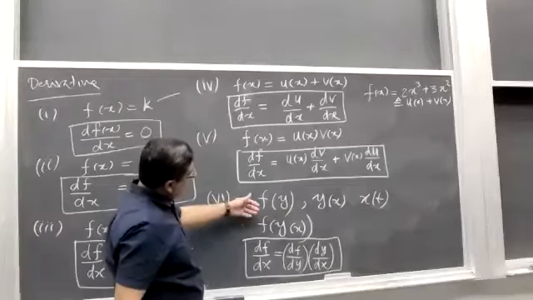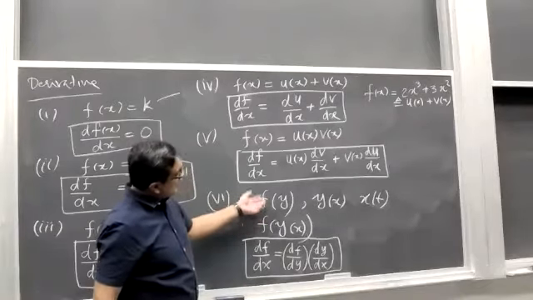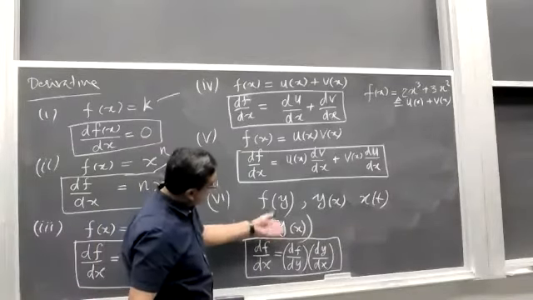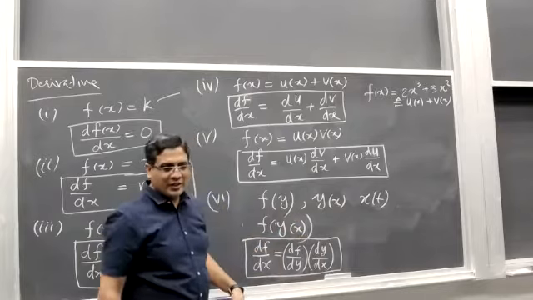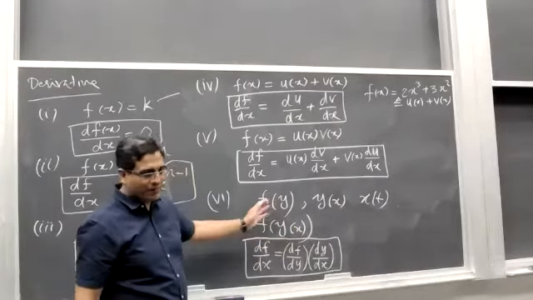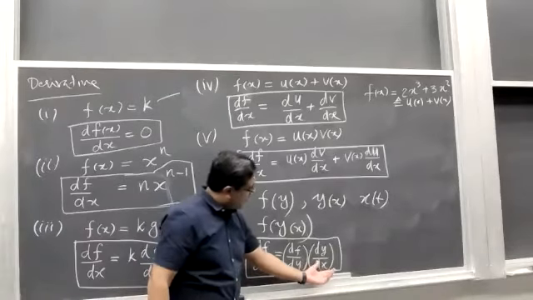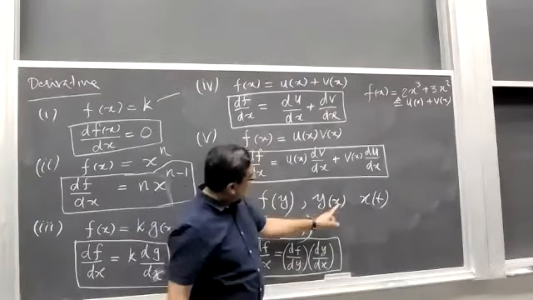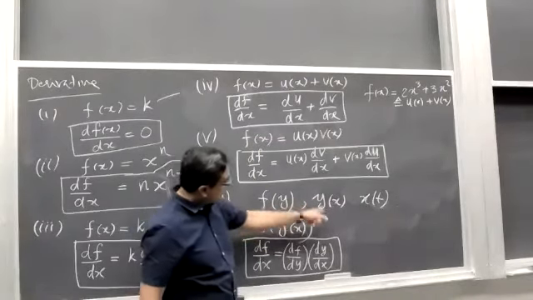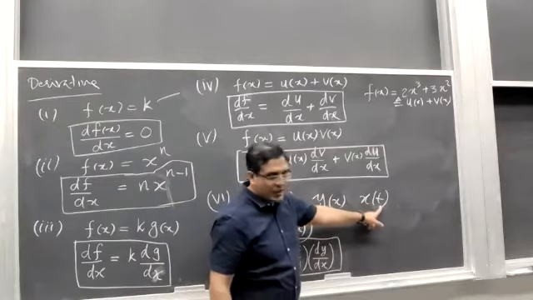What I'm saying is that we have a function of a function, but it doesn't have to stop here. I can have a function of a function of a function. So I can have three layers of this problem, and in that case, we'll have three terms here. f is a function of y, y is a function of x, x is a function of t.